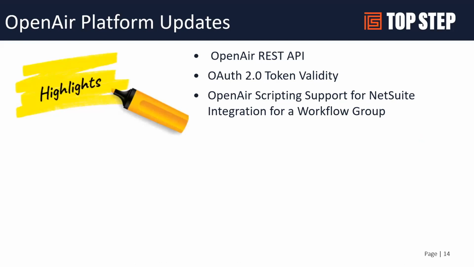There have been some platform updates to OpenAir with the latest release. There have been updates to the REST API, to the token validity for OAuth 2.0, and also some updates for the scripting support between the NetSuite integration for a workflow group. Some great stuff as far as the platform goes.